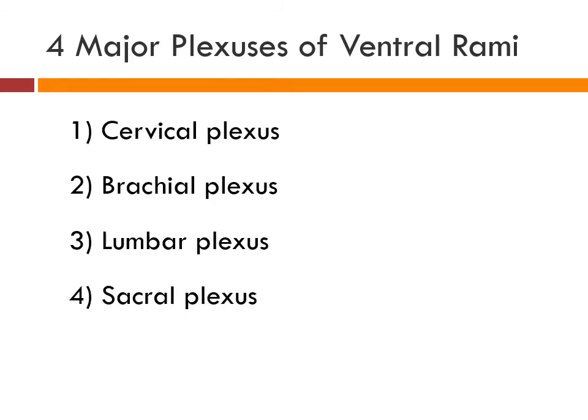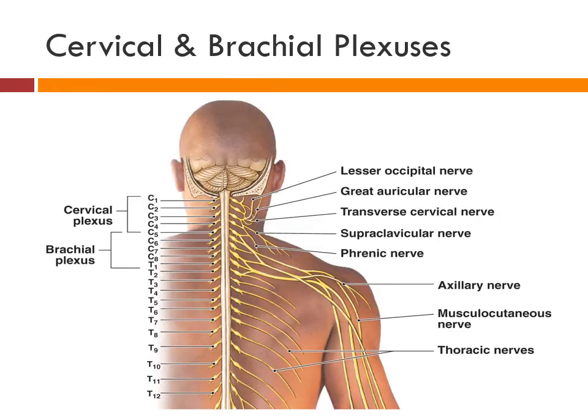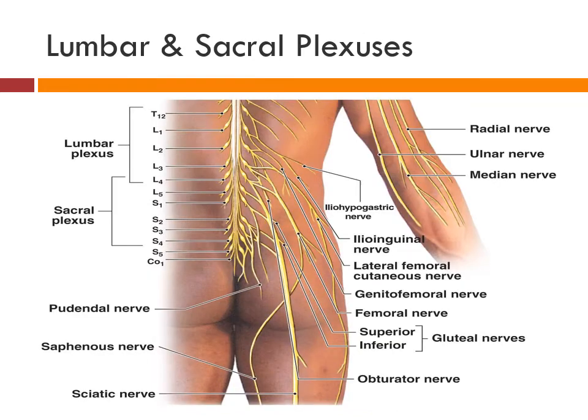We have four major plexuses that we're going to learn: the cervical plexus, the brachial plexus, the lumbar plexus, and the sacral plexus. I'm going to kind of skim over these pictures, but I'll show you that this is our cervical plexus, this is our brachial plexus, this is our lumbar plexus, and this is our sacral plexus. But we're going to look at these individually one at a time.